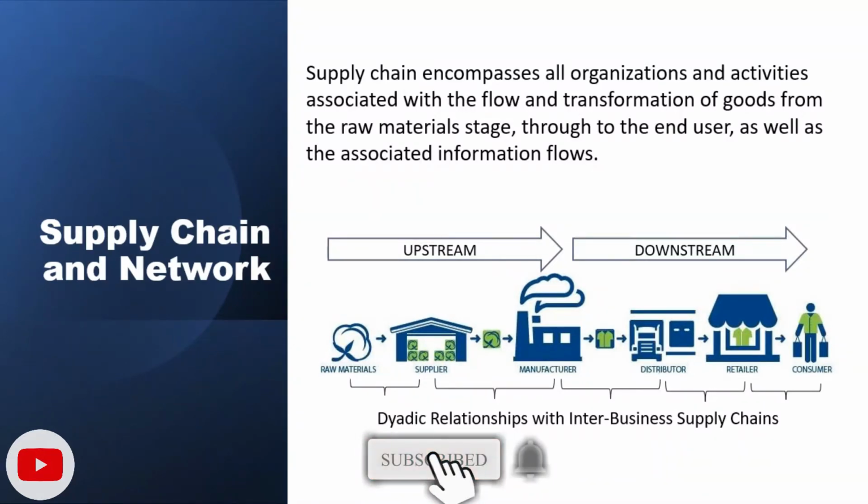Supplying materials from raw material to supplier, we need a logistics department. Supplier to manufacturer, we need a logistics department. Manufacturer to distributor, we need a logistics department. Distributor to retailer, we need a logistics department. And from retailer to consumer, we need a logistics department.